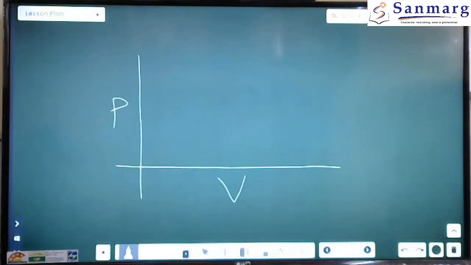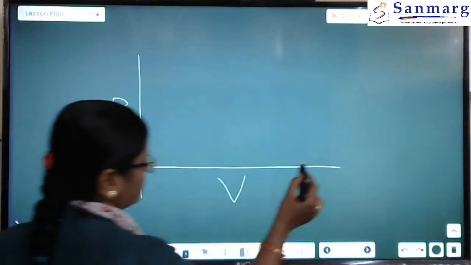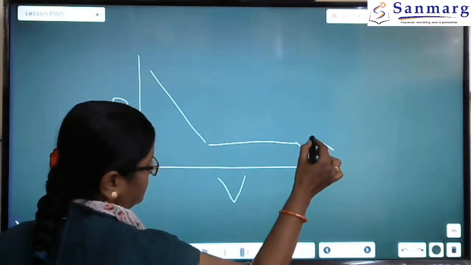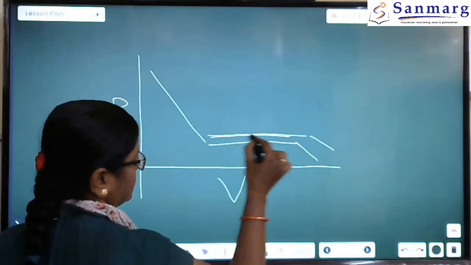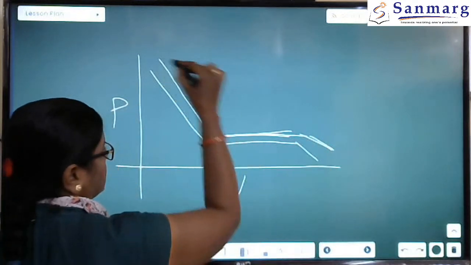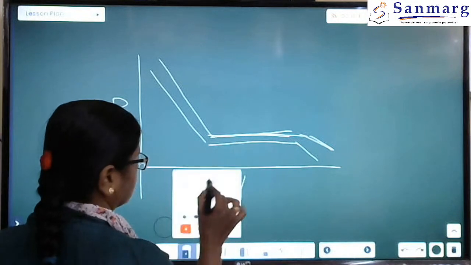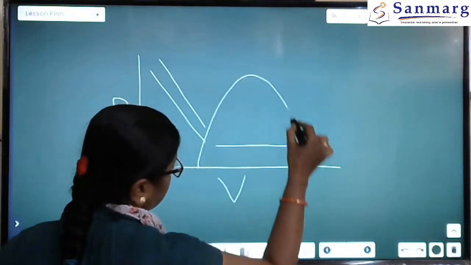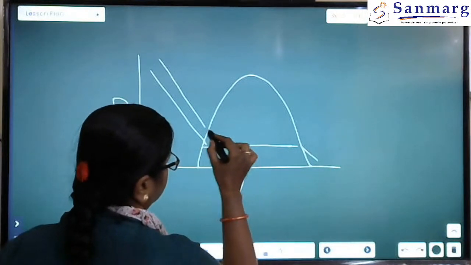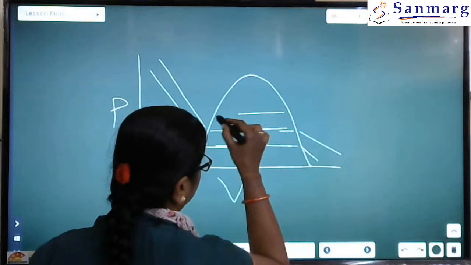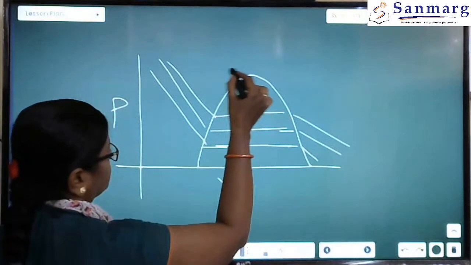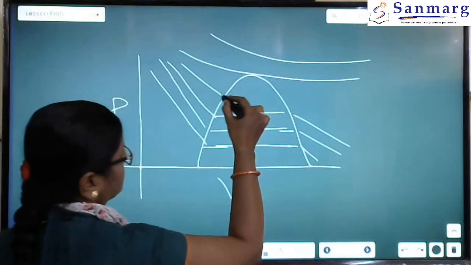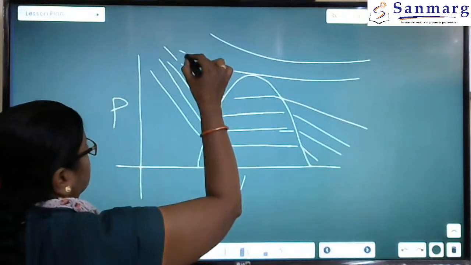Okay. Then you will get curves like this.